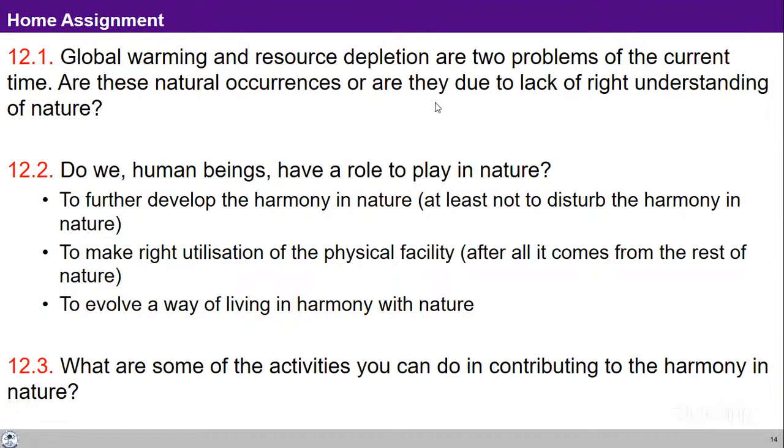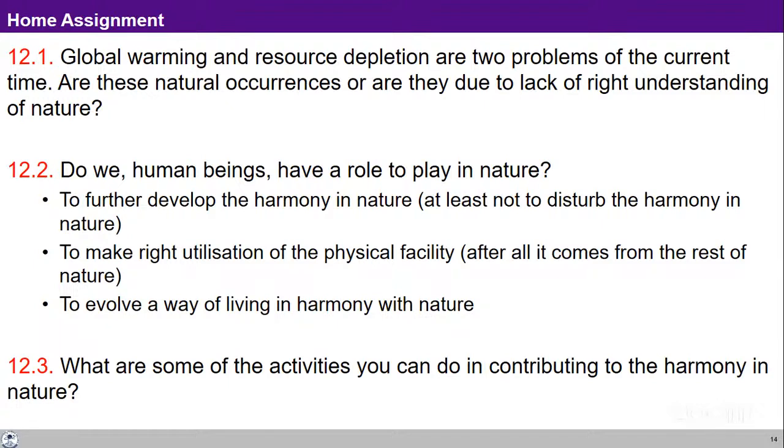Do we human beings have a role to play in nature? So we'll see this question. To further develop the harmony of nature, to make right utilization of physical facility, to evolve a way of living in harmony with nature. What do you think about our role? We can see that nature in its own way is in harmony.